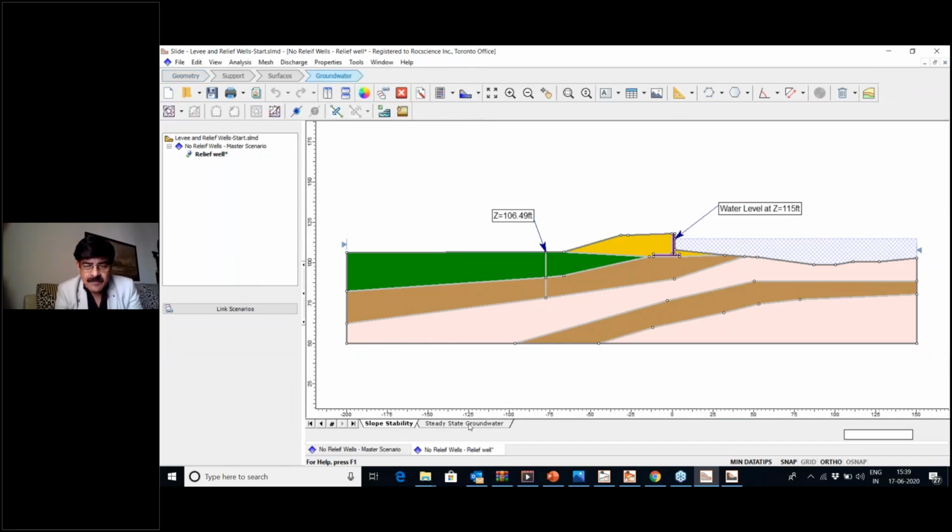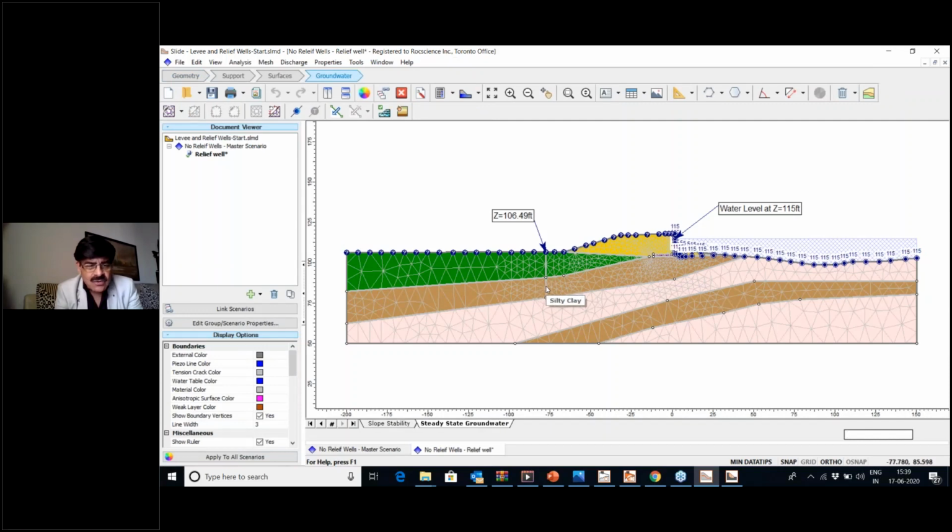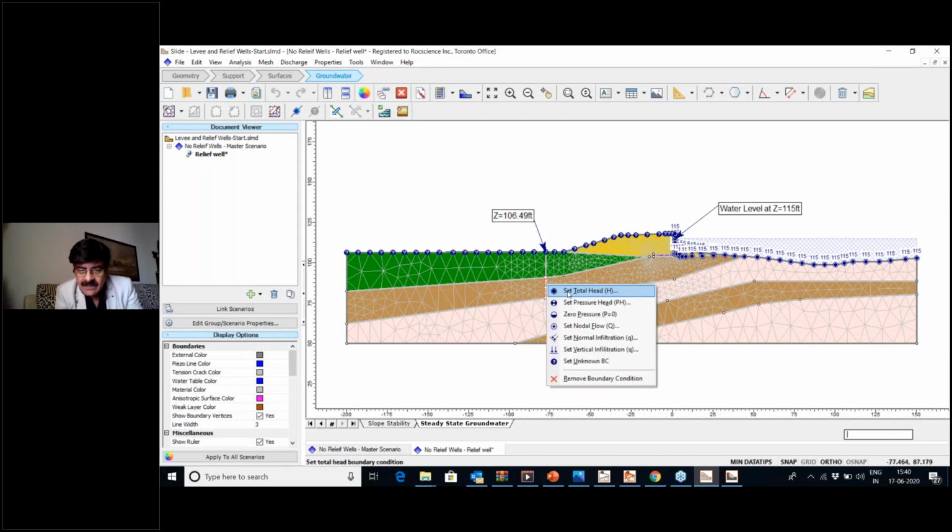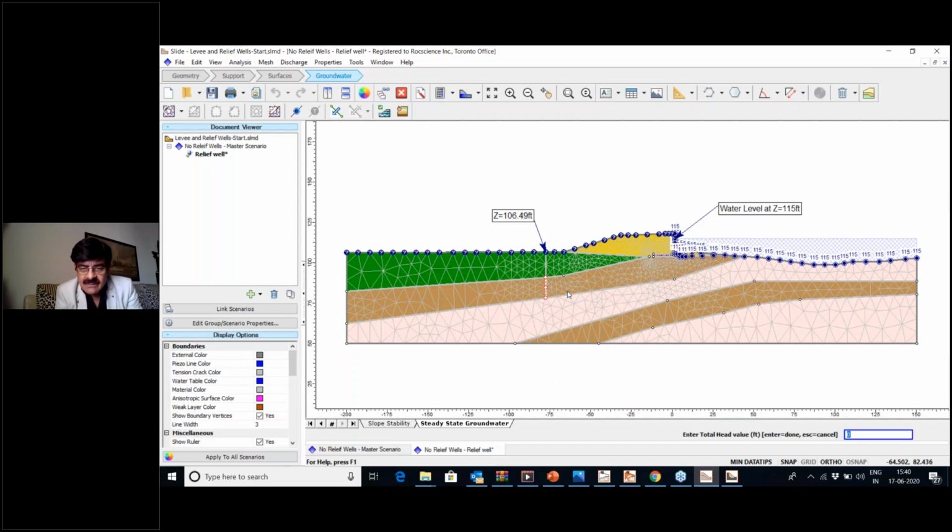So in this, if you choose this, the line has already been created. What a relief well is actually, when you provide a relief well, it has the same total head as the head of water at the top. So at the top, the water head is 106.49 feet. So we can apply the same here. So we can choose this and set total head.